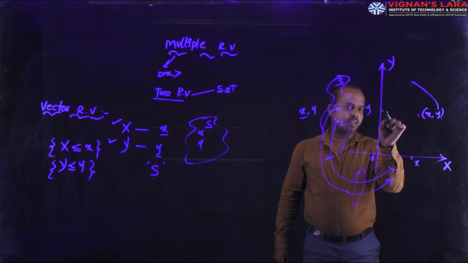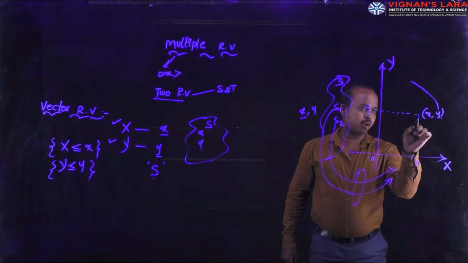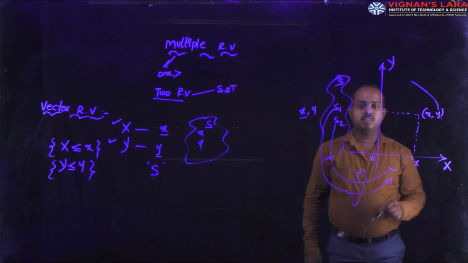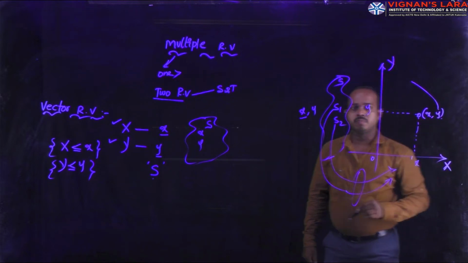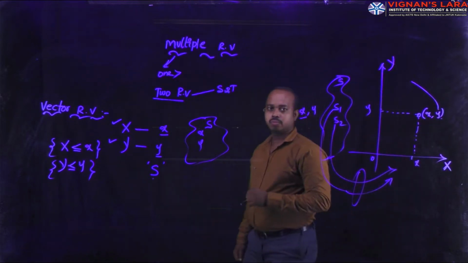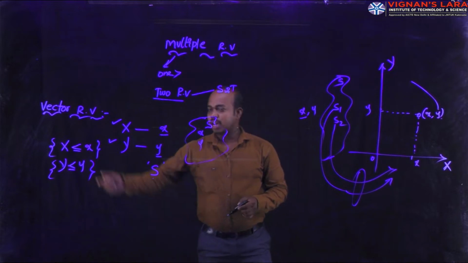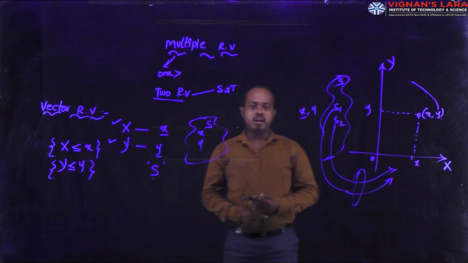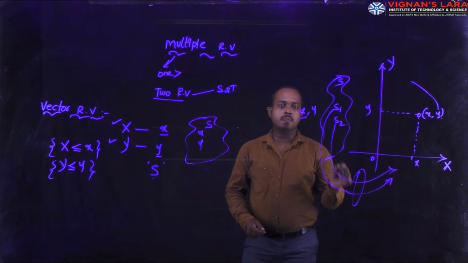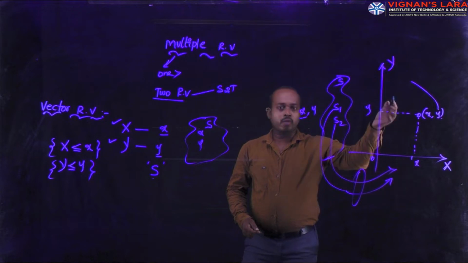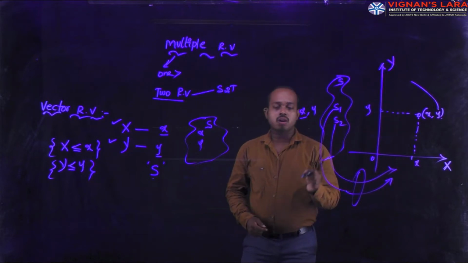This represents a random point on the xy plane. This random point on the xy plane we call a random vector, otherwise called a vector random variable. We can identify any point on the xy plane with respect to the elements of x and y, and you can call it the vector random variable.